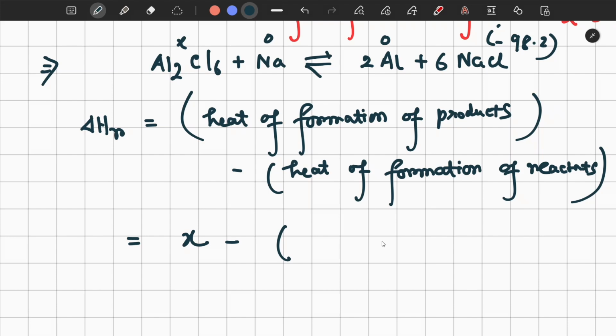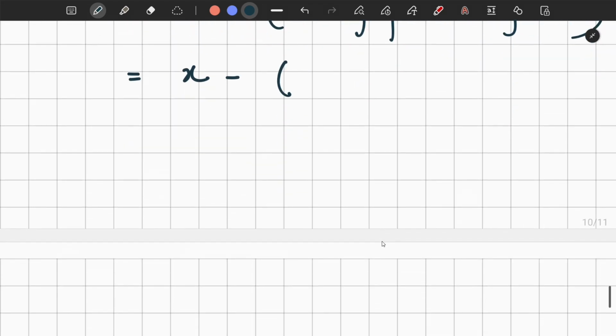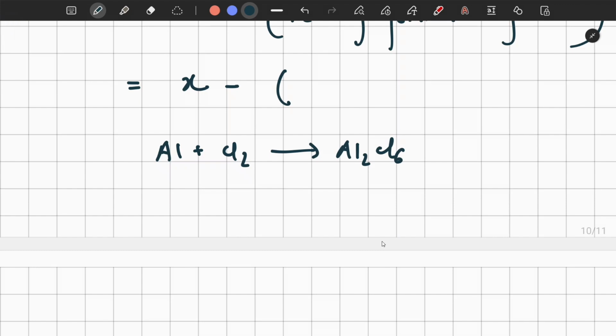Correct, it's correct. Let me clear it. It is Al2Cl6, right? Here it is forming from aluminum and chlorine. So you have to consider it is from aluminum and chlorine, Al2Cl6.